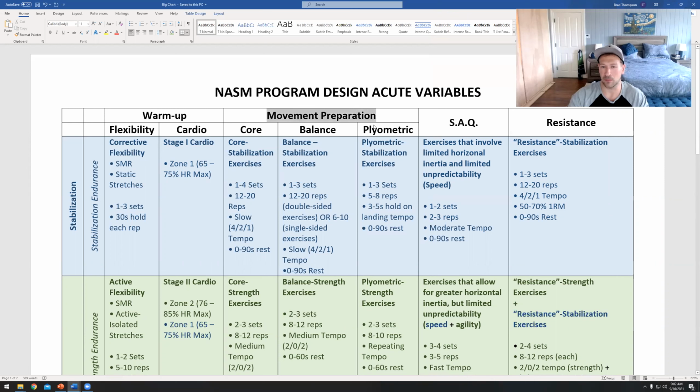Then for your movement prep, you're going to use your stabilization tool bag, right? So that's the core stabilization, balance stabilization, and plyometric stabilization. For core stabilization, it's going to be 1 to 4 sets, 12 to 20 repetitions at a slow tempo for 0 to 90 seconds of rest.